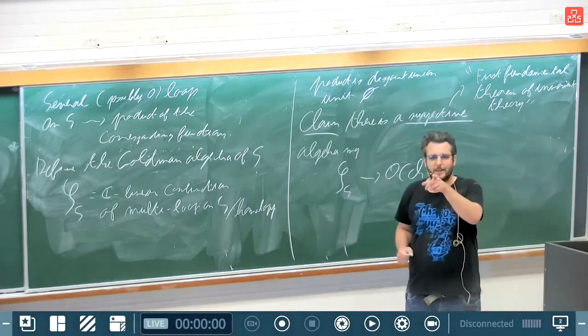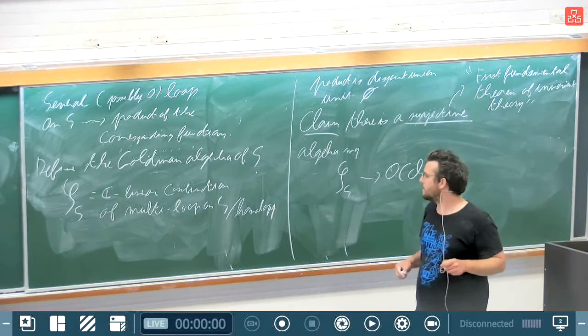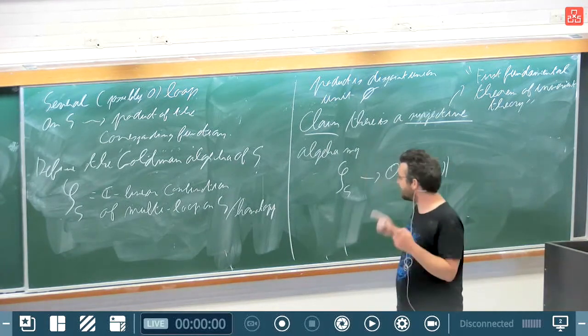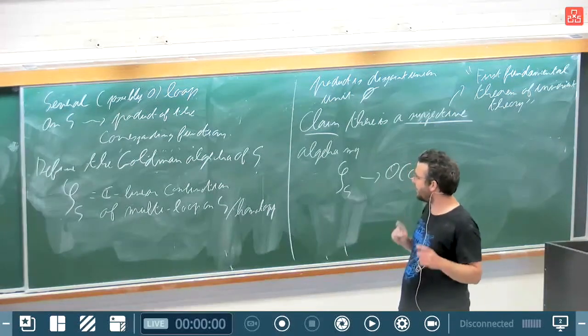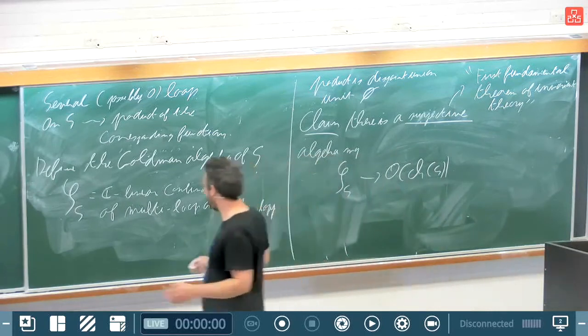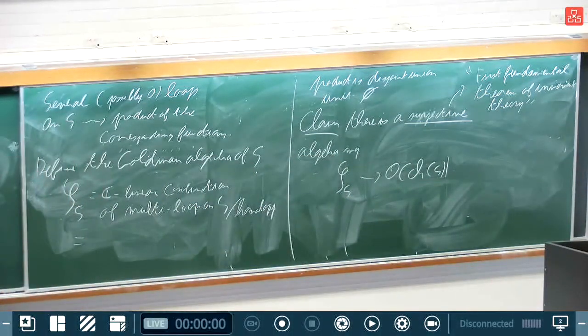Yes? Sorry. That's a very good point. He's asking whether this is different from the polynomial algebra on the space of just one loops. And you're right, that's exactly the same thing. Because the multiplication is given by disjoint union, it's really the free commutative algebra.